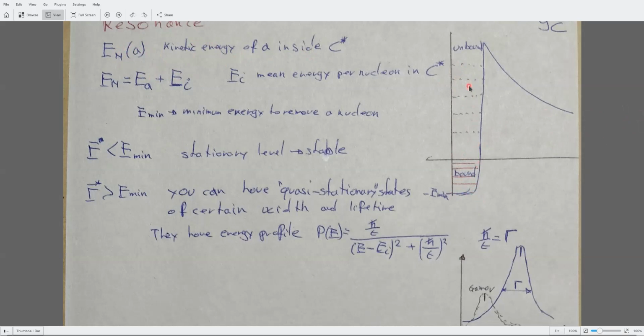And in some cases, this energy can be exactly at a level; if it's around here, it's a stationary level, it's stable, no problem. But if it's here, the particle is not in a stable place, so it exits, you have scattering, or in some part you have a quasi-stationary state.